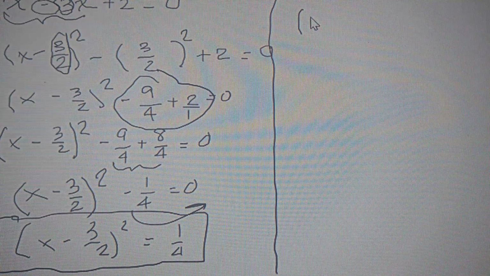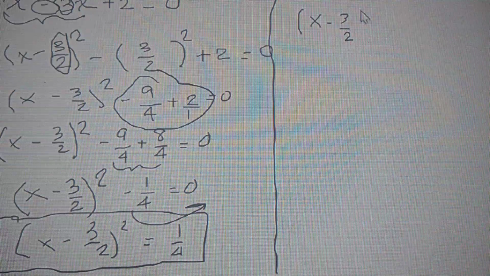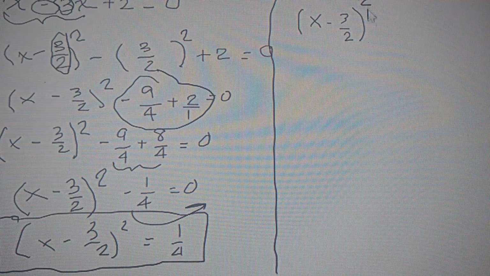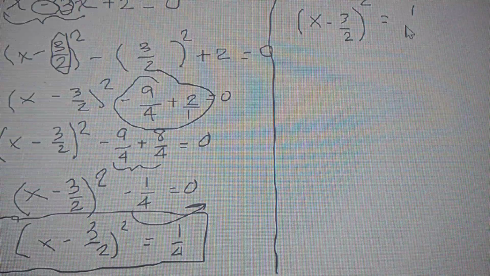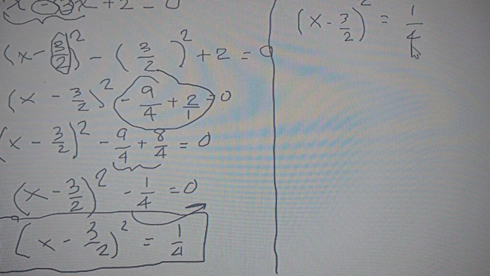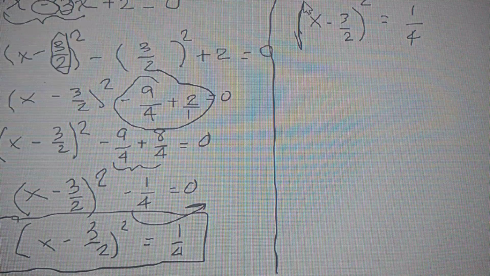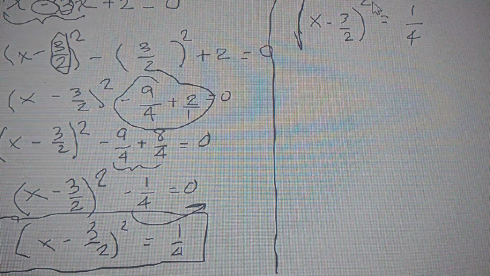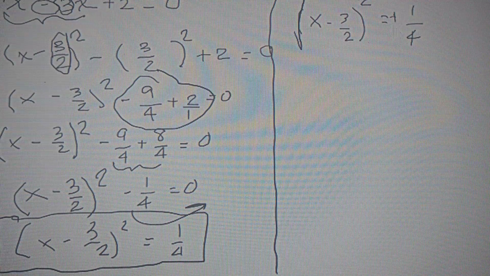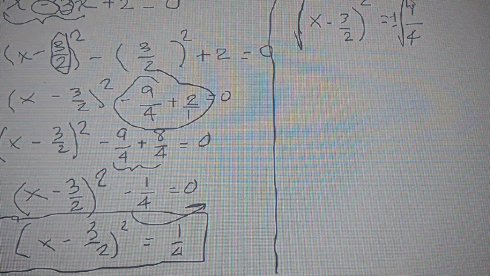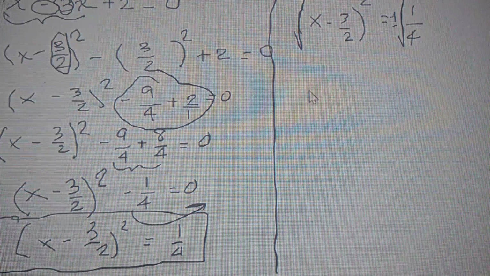So that would be x minus 3 halves squared is equal to 1/4. By taking the square root on the left side, I eliminate that square. Plus, minus, don't forget the plus, minus, is equal to the square root of 1/4.